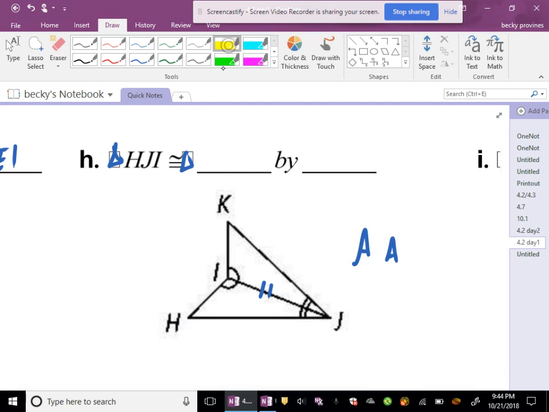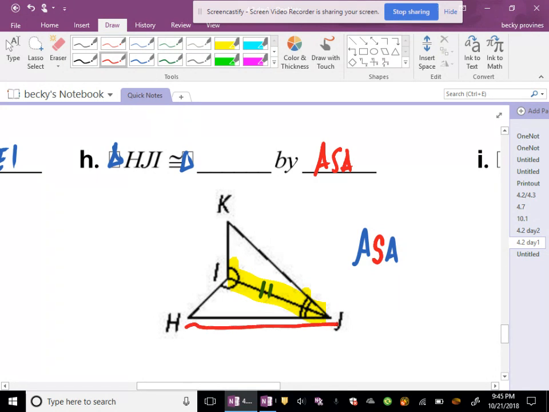And hopefully you're seeing, if you have an angle here and an angle here, the side is directly in between. So the side is in the middle. All right, so my order is H, J, I. So you need to go in the same kind of order. So it's going to be K, J, I.